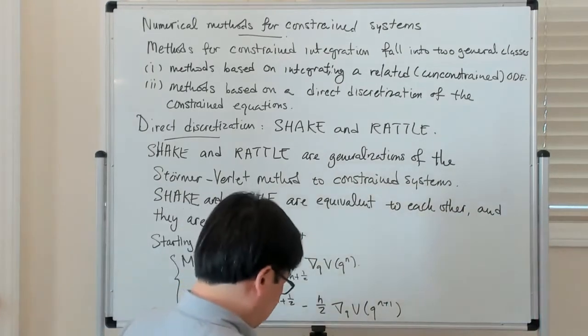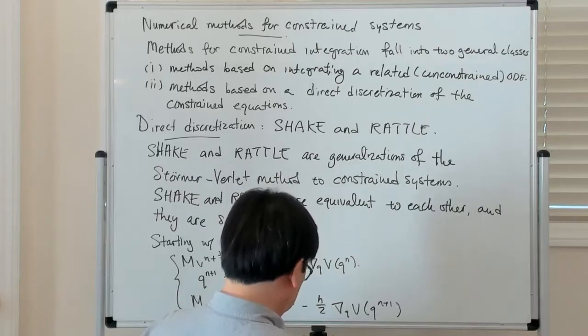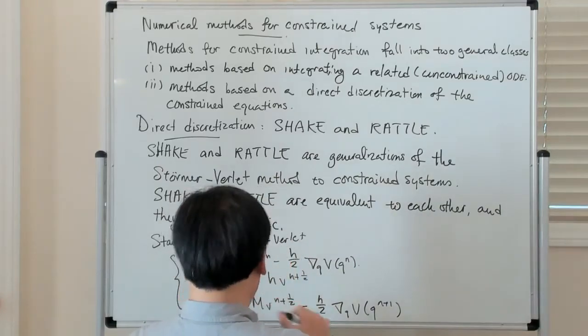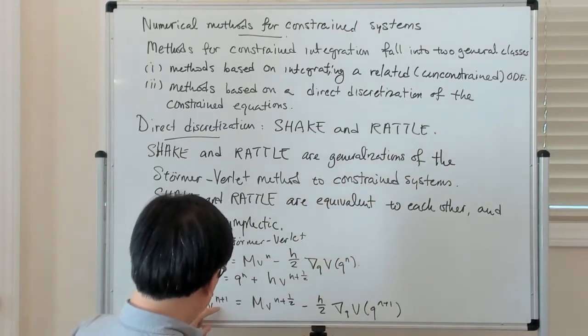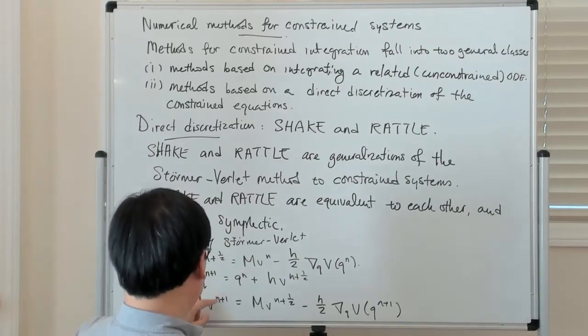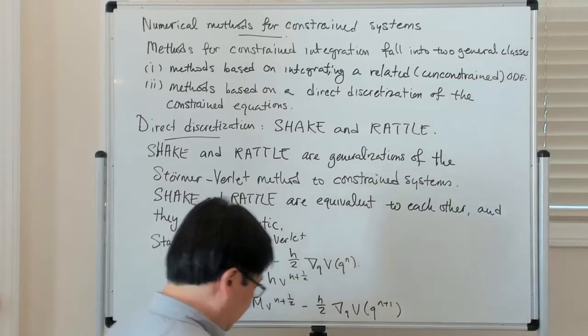If you prefer, what's often common is to skip the integer values of the velocities, and just write it in half integer velocities.